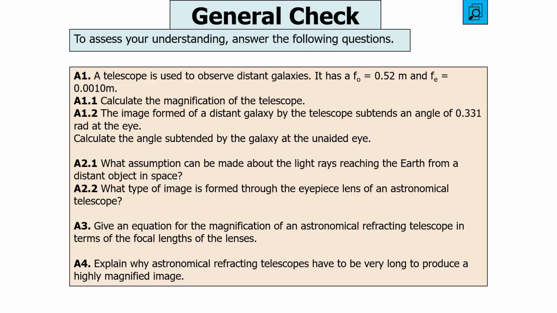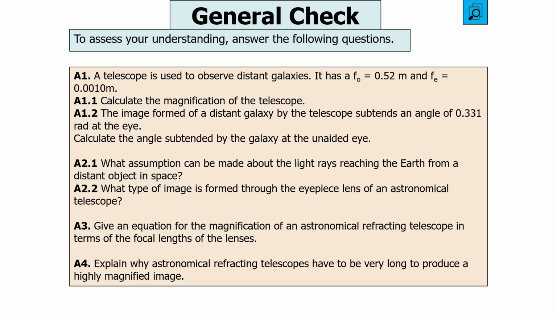The next question says a telescope is used to observe distant galaxies. It has an FO of 0.52 meters and an FE of 0.0010 meters. Calculate the magnification of the telescope. The image of a distant galaxy by a telescope subtends an angle of 0.331 radians at the eye. Calculate the angle subtended by the galaxy at the unaided eye. Then what assumptions can be made about light rays reaching the Earth from a distant object in space?